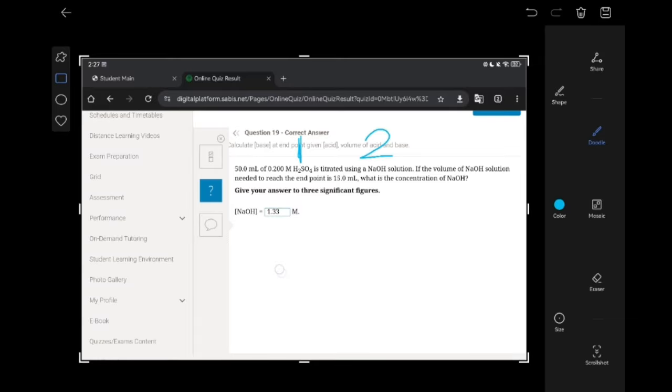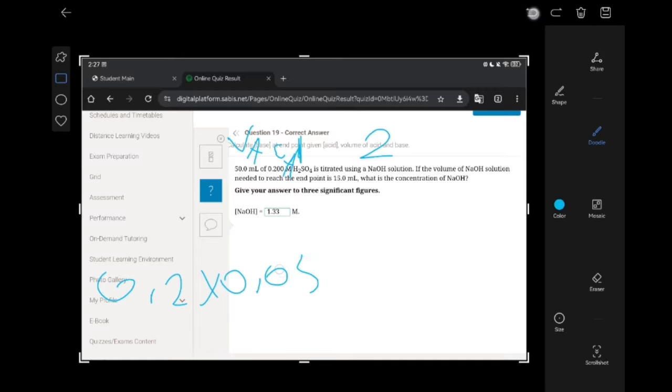So now we find the number of moles instead of using CaVa, because it's a bit confusing. You just find the number of moles, it's easier. So N equals CV. So this is C and this is V. I'll write A next to it. So that means it's 0.2 times 0.05 equals 0.01.